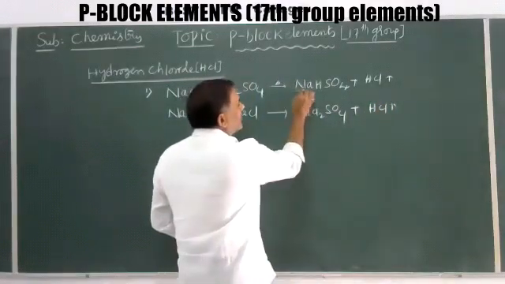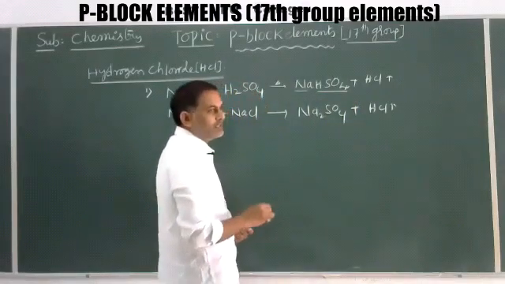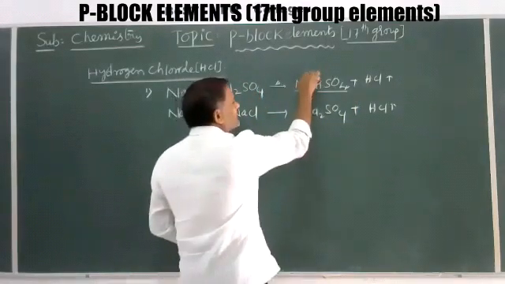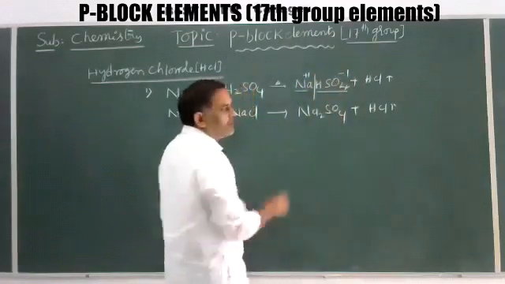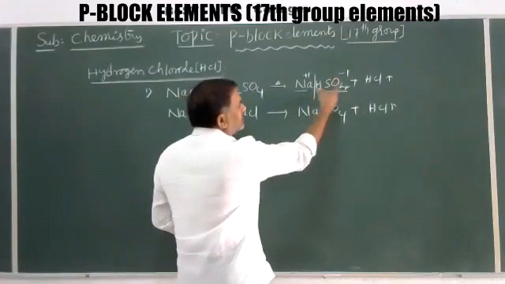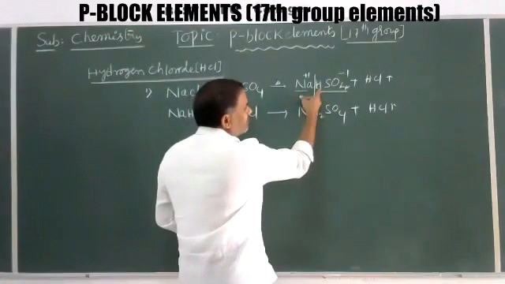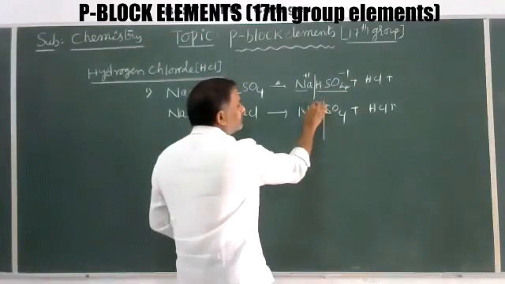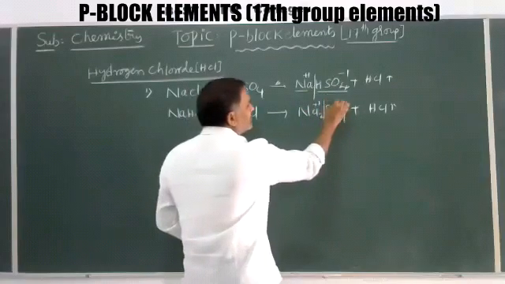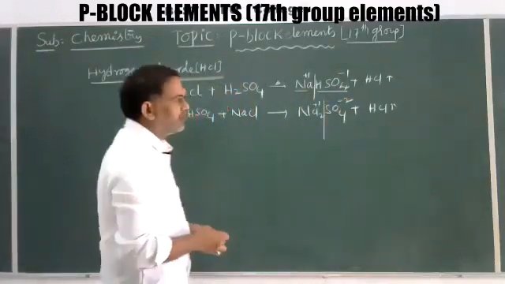This is sodium hydrogen sulfate, that is bisulfate: Na is plus 1, this is minus 1. Sodium hydrogen sulfate is the bisulfate. This is plus 1 into 2, plus 2, this is the minus 2, just sodium sulfate.